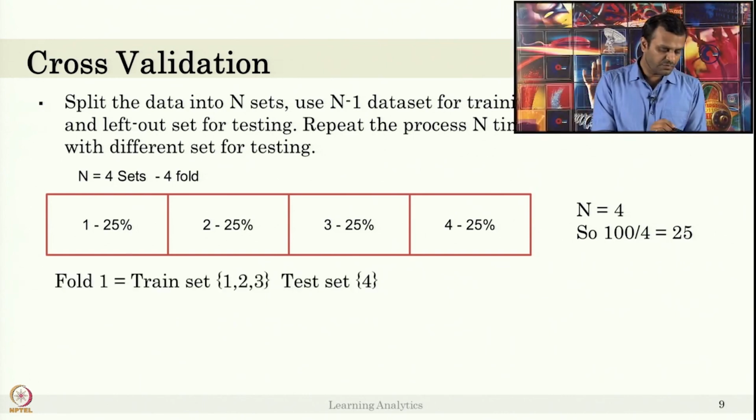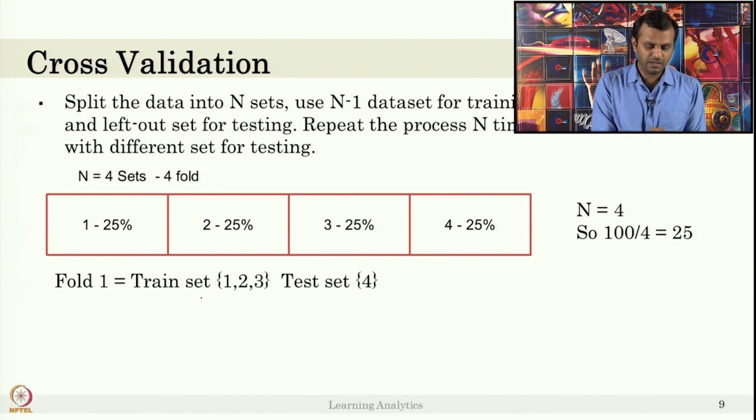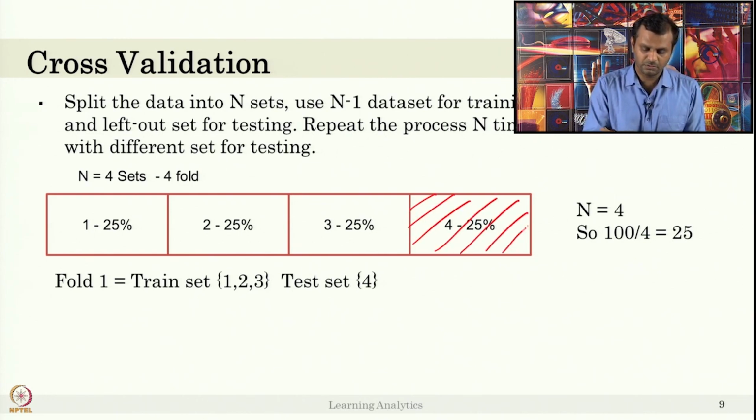So, in fold 1, I will use set 1, set 2, set 3 for the training, and the test set will be set 4. So, this test set will be tested now. Initially I test the algorithm or the model which I created using test set 4, while all the other sets are used as training.